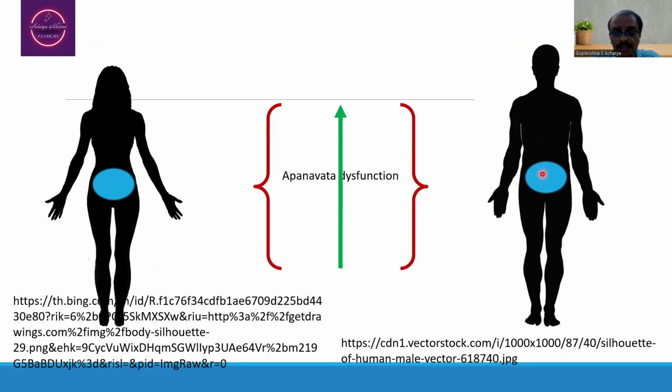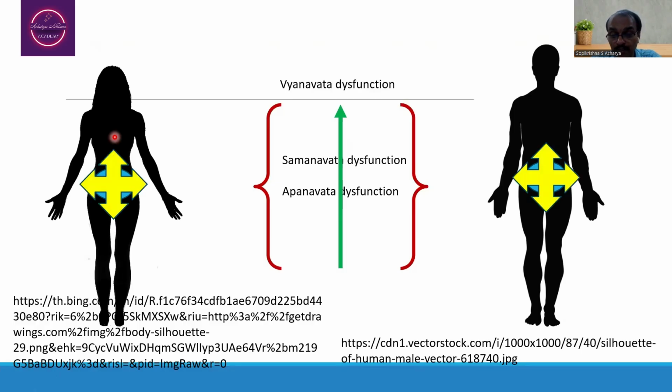Downward movement may be responsible for diarrhea, etc. Whereas in constipation, there may be upward movement, which in turn leads to Samana Vata dysfunction.